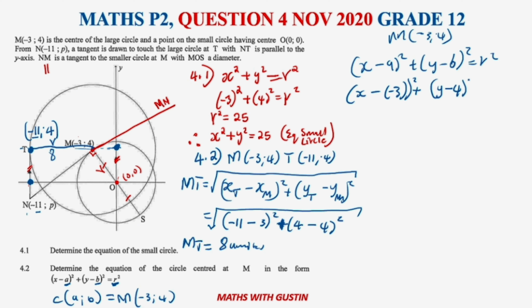You are going to get it wrong. Squared is equal to r squared. Remember, r is 8, but here we're looking for r squared, so we are going to substitute our 8 there, squared. Okay, so now let's simplify further. Minus times minus is going to give us plus, all squared, plus y minus 4 squared, equals 8 squared, which is going to be given by 64. Okay, and now this gives you the equation of the bigger circle.